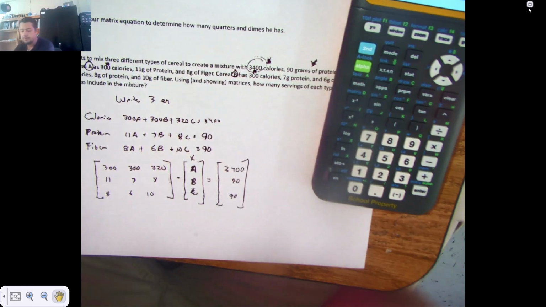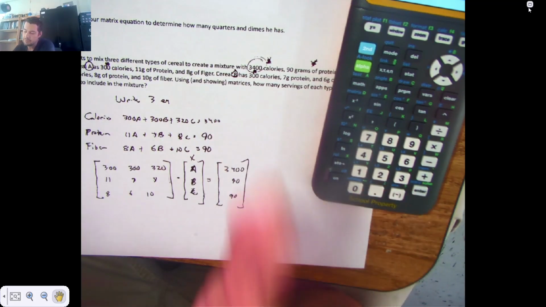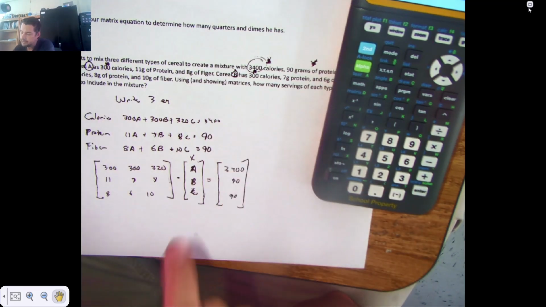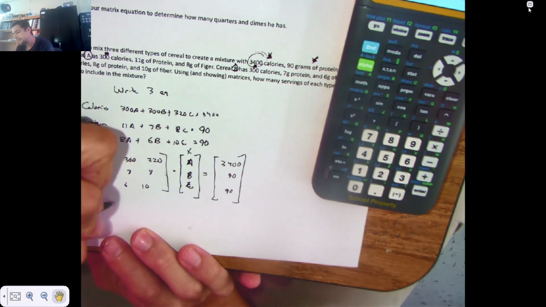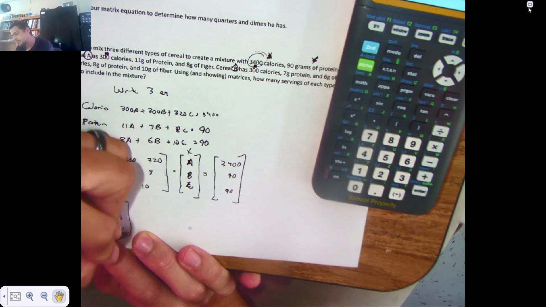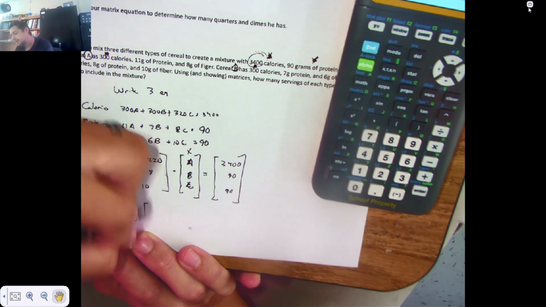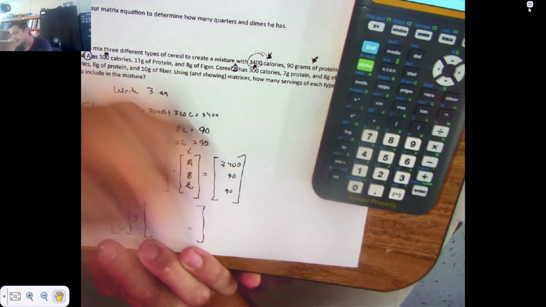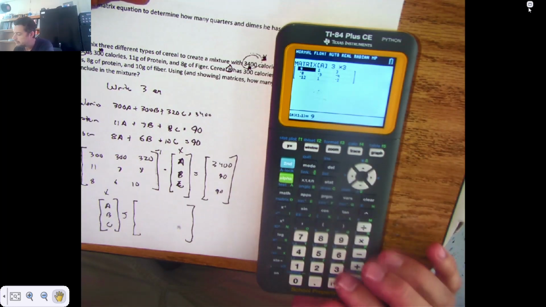And again, we talked about this when I did the first problem. This matrix, its results, I'm going to find by taking the inverse of this dude. So let me find the inverse of that dude.